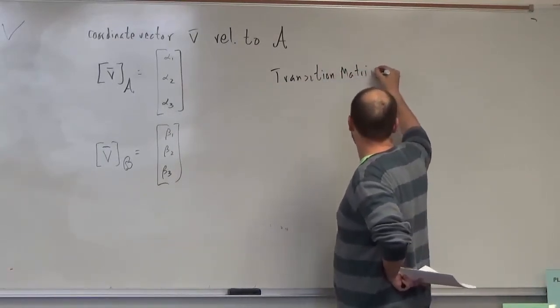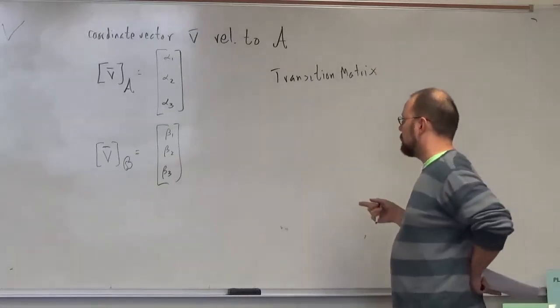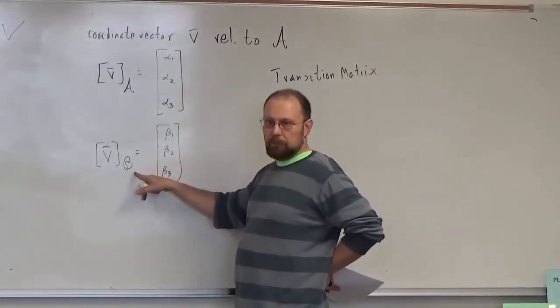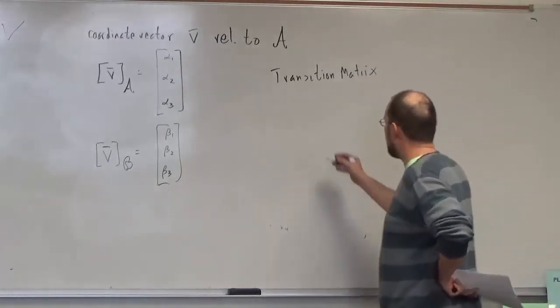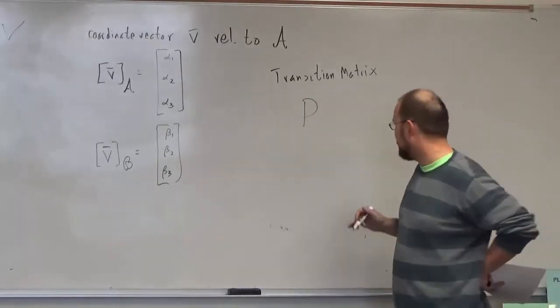Transition matrices multiply coordinate vectors relative to one basis and return the coordinate vector relative to a different basis. So we write P, I don't know why they use P, I should have looked that up.